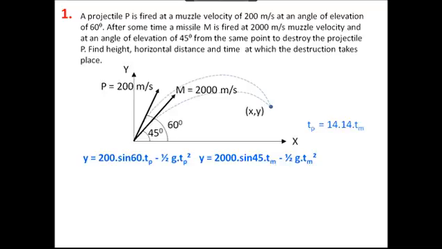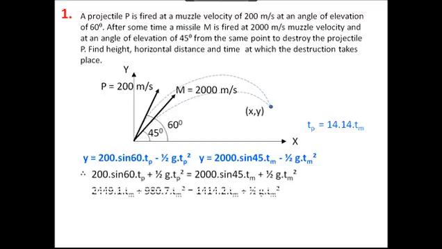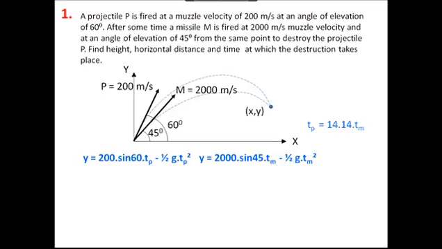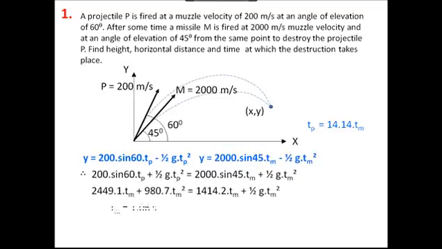Now both y's are the same, so we equate them. And since we have a relation between Tp and Tm, we substitute for Tp in terms of Tm and we solve this. What we get is a numerical value of Tm, and that is 1.06 seconds.